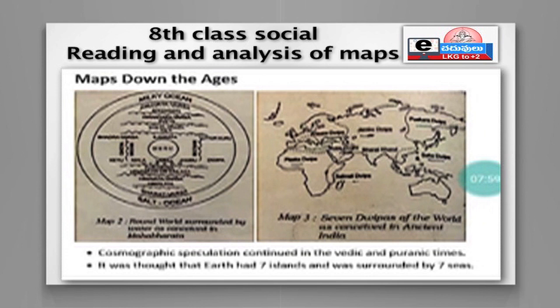Can you see it in the map? Here Jambudvipa and Bharatavarsha is located here. And here we can see in the first picture, we see the middle Meru Parvata, and it is surrounded by 7 islands around it, and around it salt ocean.